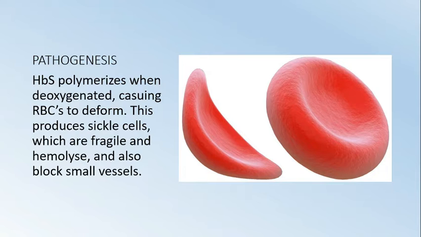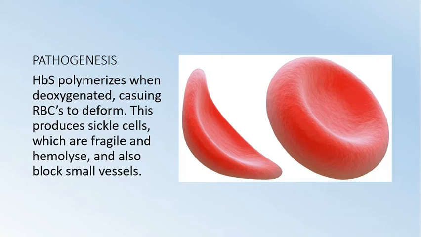And these sickle cells are rather unfortunate. They are fragile and hemolyze so easily. Normally, the lifespan of an RBC is supposed to be 120 days, but with sickle hemoglobin, the lifespan is only about 18 to 20 days.